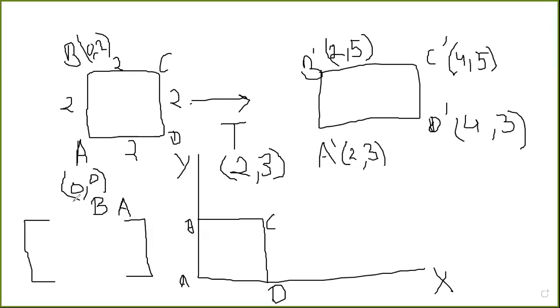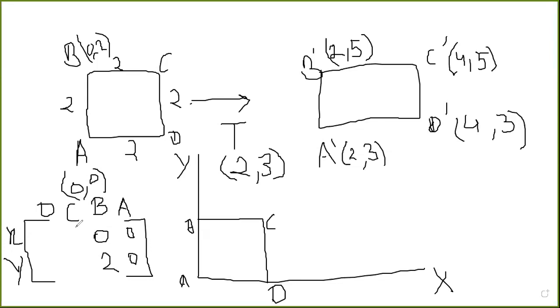So suppose you are starting from this side, A, B, C, D. Okay, so A coordinate is what? 0 comma 0, and you can understand this is x and this is y. Now B is what? 0 comma 2.